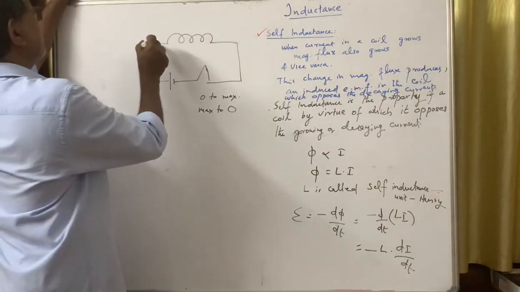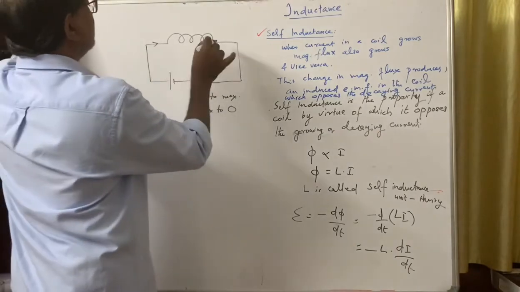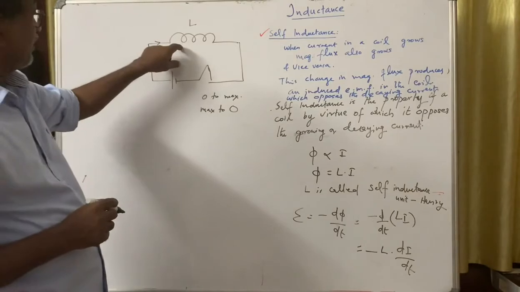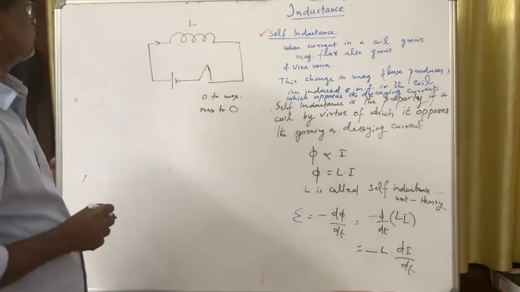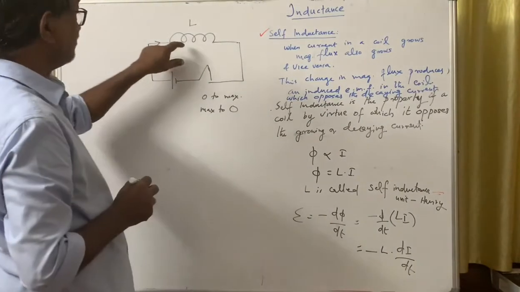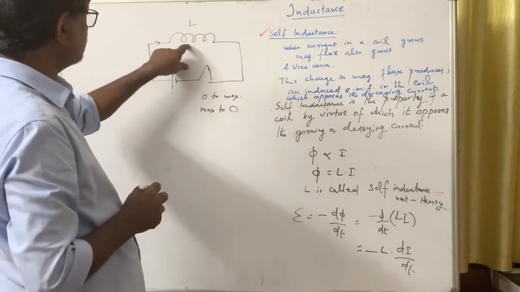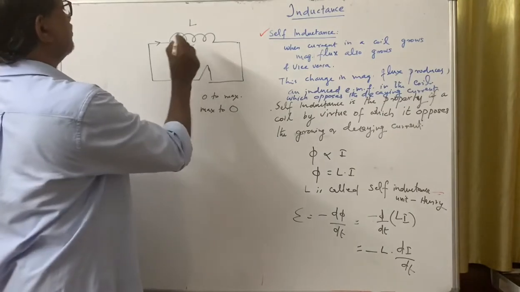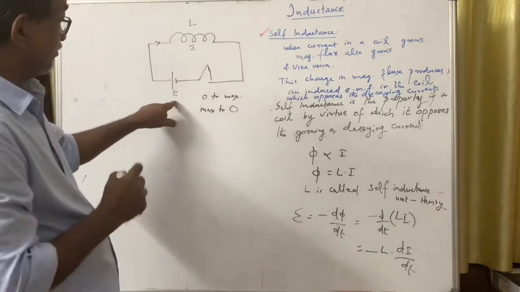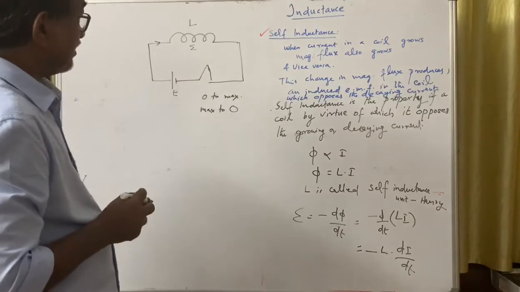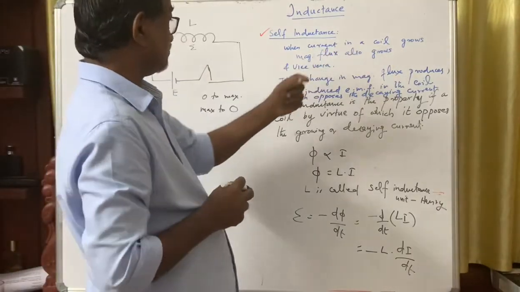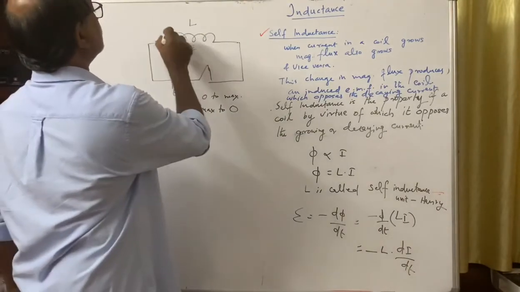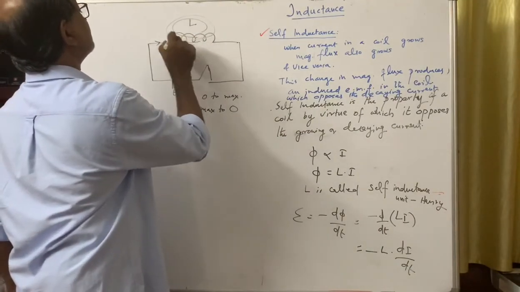So when a current is passing in this inductor L, an EMF is induced in this coil, and that EMF is called the induced EMF, and the induced EMF is just opposite to the applied EMF. When current in a coil grows, the flux also grows.